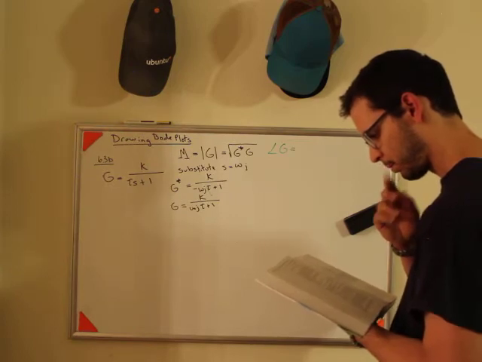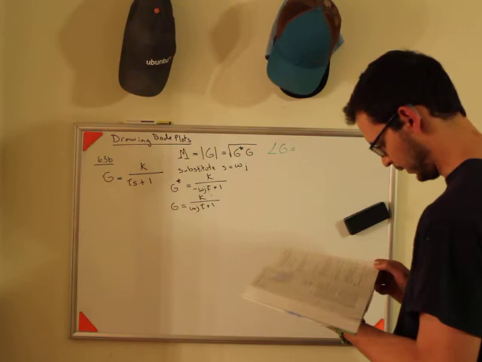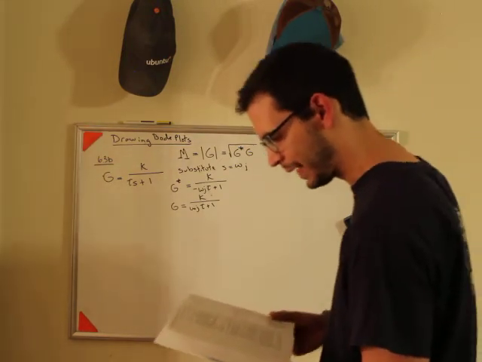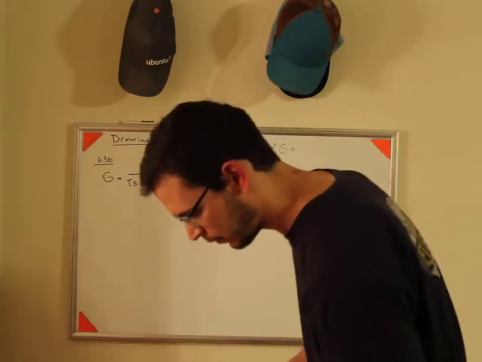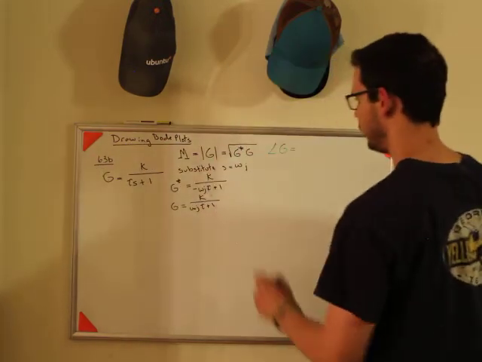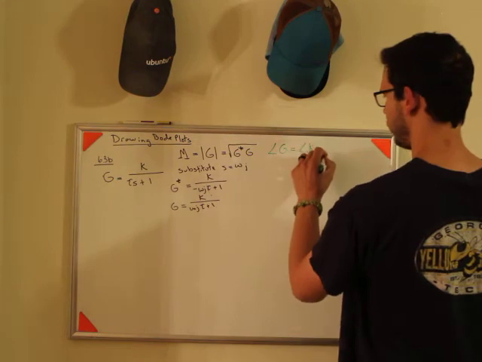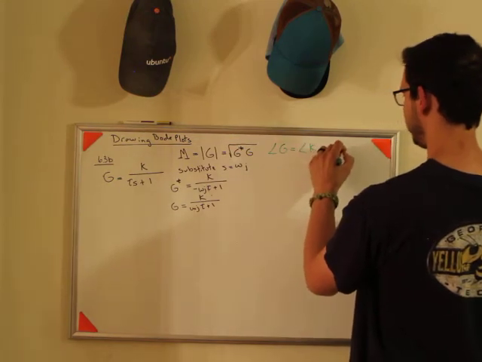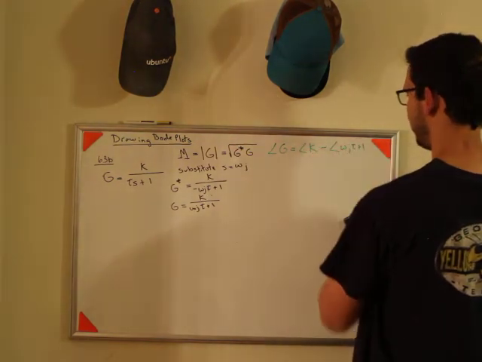Yes, it is the phase of the numerator minus the phase of the denominator, okay? So you have to take the phase of the numerator minus the phase of the denominator.